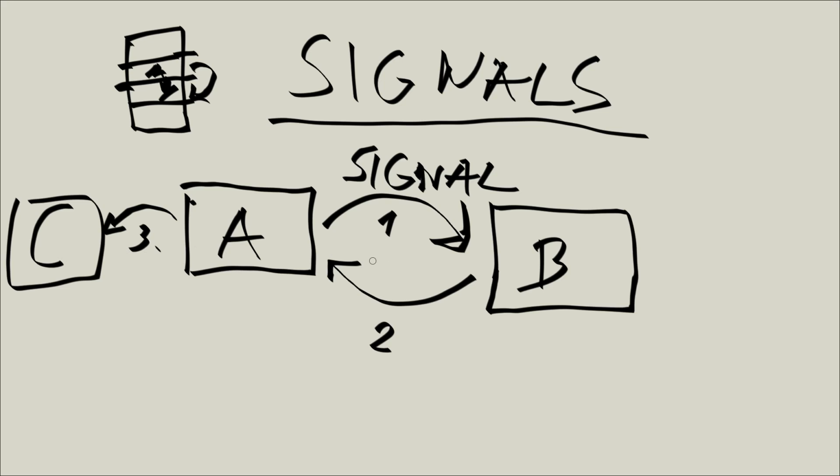This is me making stuff up, but just understand that one of the ways processes can communicate with each other is signals. This thing where processes communicate with each other is called inter-process communication, abbreviated as IPC. IPC means inter-process communication.